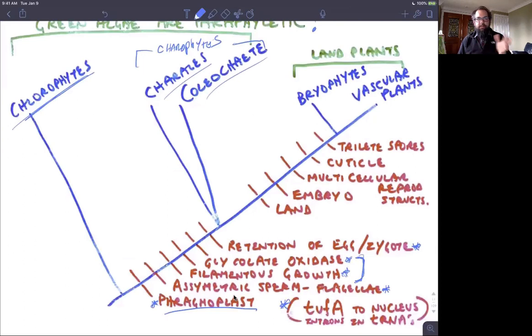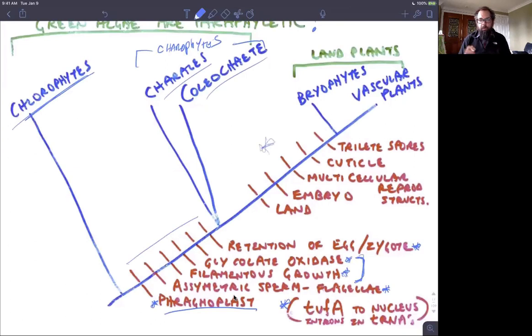And so this is obviously a molecular characteristic that was hard to explain when we thought that charophytes and chlorophytes were a monophyletic group. They're not. They're paraphyletic as we now understand it, and then all these synapomorphies really make a lot more sense.